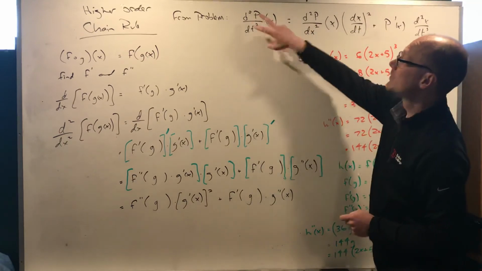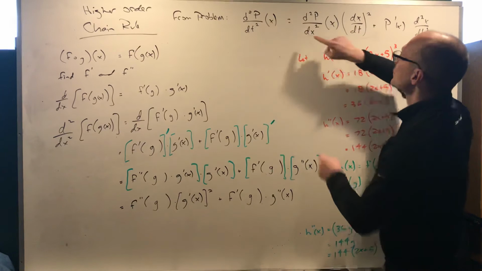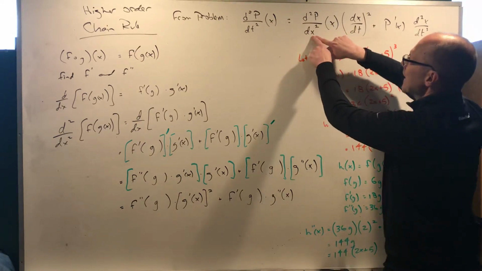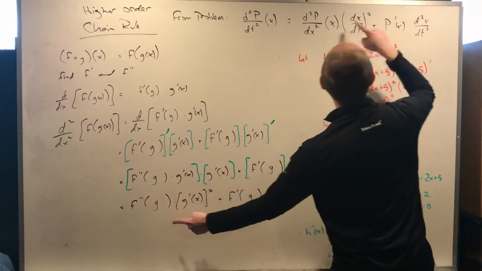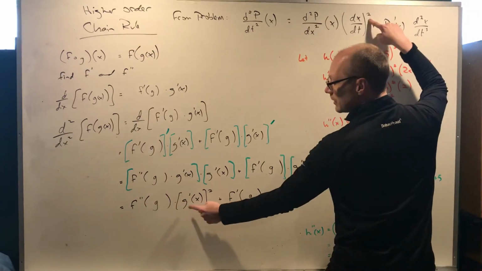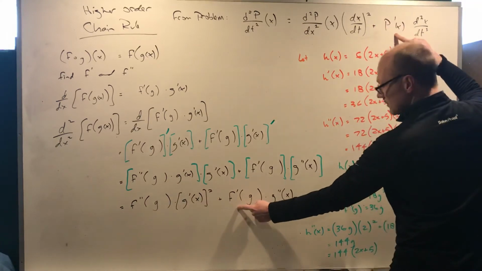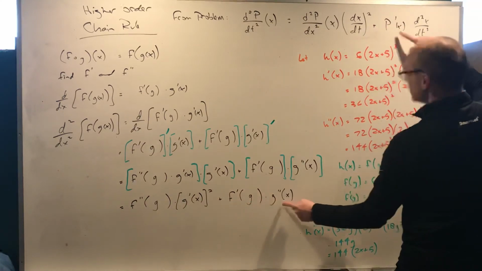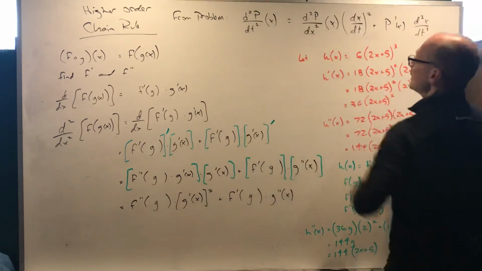The second derivative of my function is the second derivative of the outside, times the square of the first derivative of the inside, plus the first derivative of the outside times the second derivative of the inside. So that's what this thing is right here.